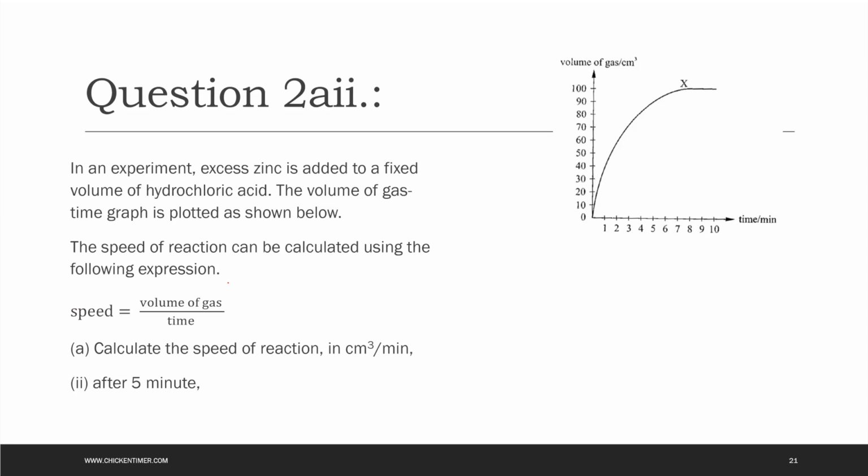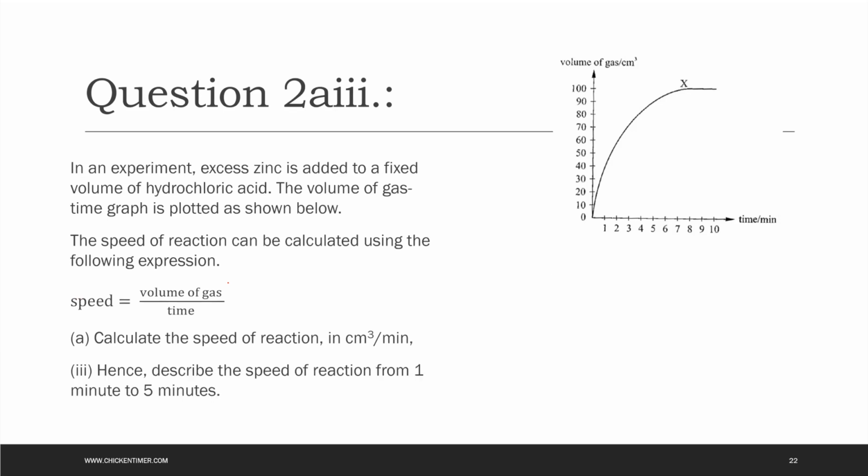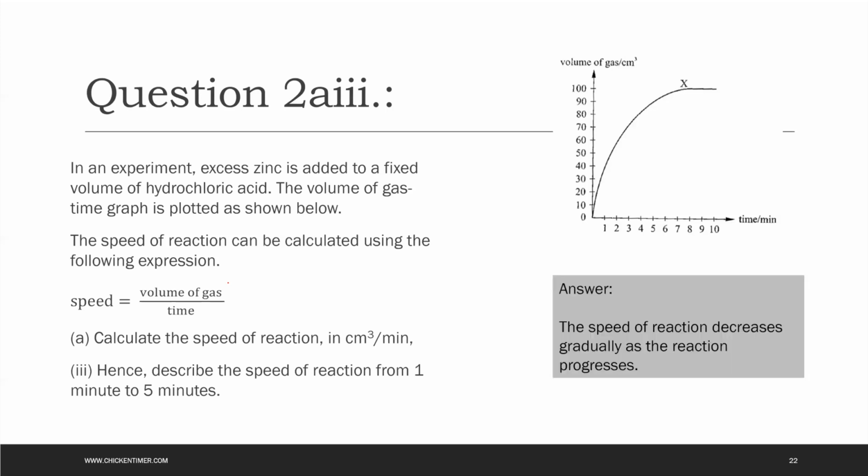After 5 minutes, 90 divided by 5 is 18. Hence describe the speed of reaction from 1 minute to 5 minutes. Does it increase or decrease? You got the numbers. Because 40 to 18, the speed of reaction decreases as the reaction progresses.